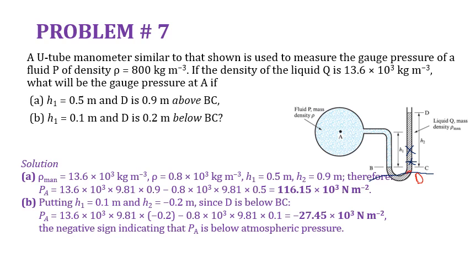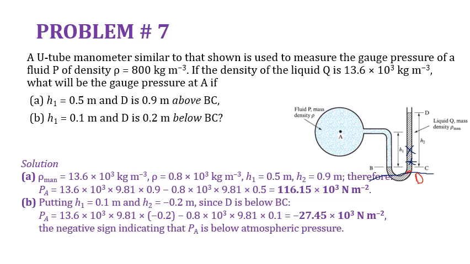So writing the pressure equation, it will be PA, and then as we are coming downward, the pressure is increased by rho g h1, plus, as we are coming downward, plus rho man g h2. Now here the h2 is 0.2 meters and h1 is 0.1 meter.